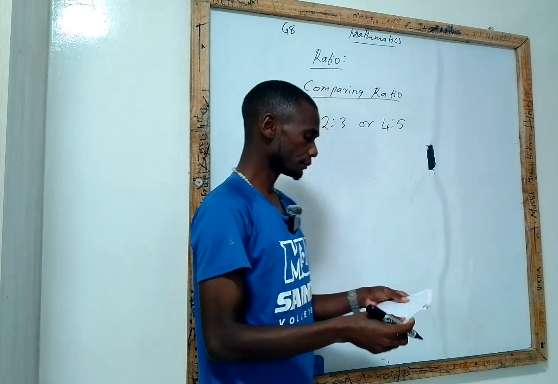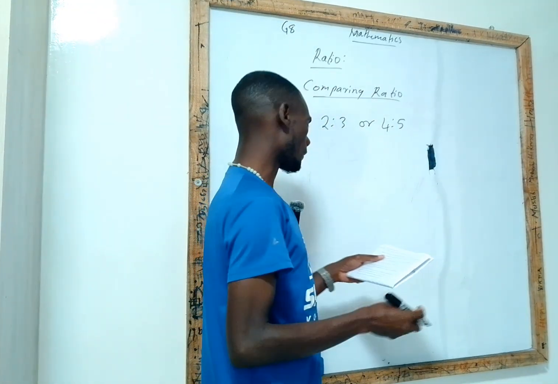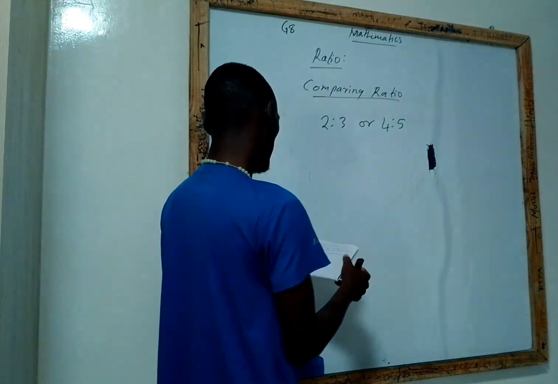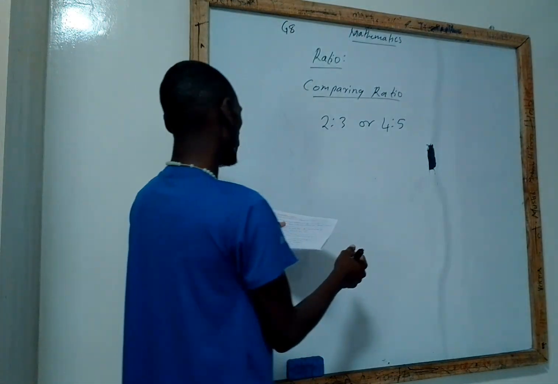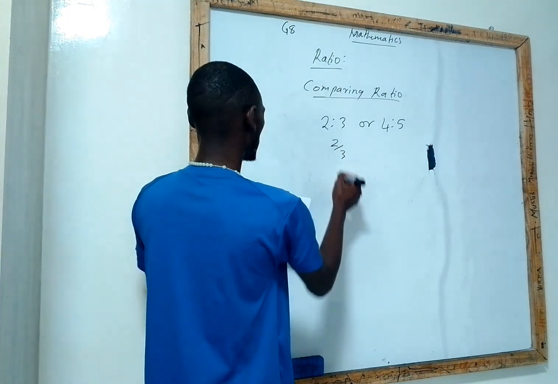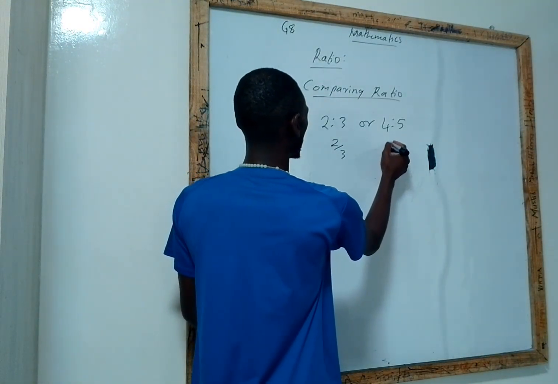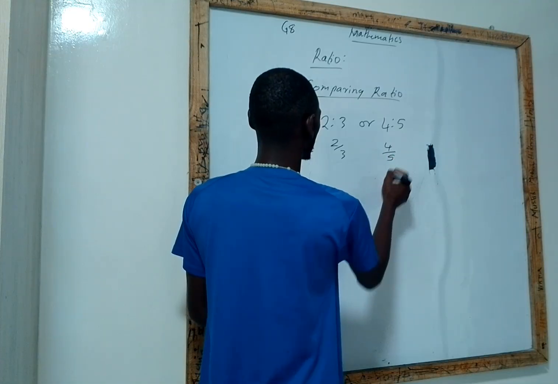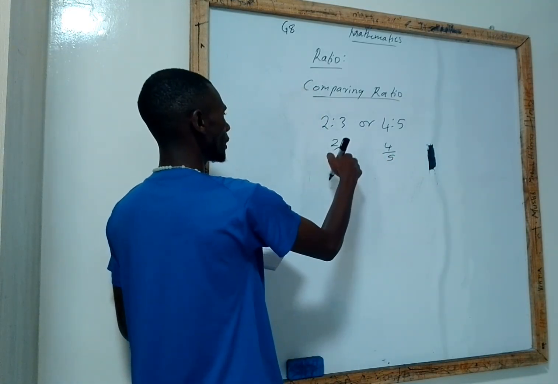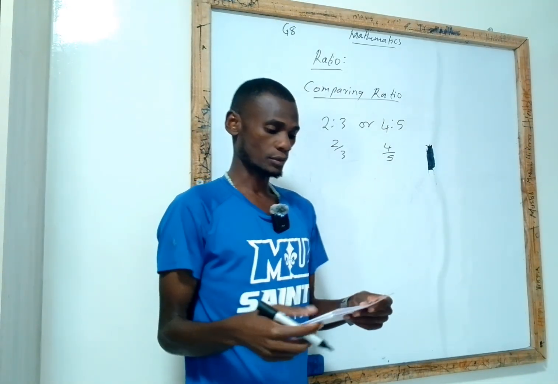So the first thing, we have to write both of them as a fraction. So we will have the first one here as 2 over 3. This one will be 4 over 5. We have to put them in fractions.